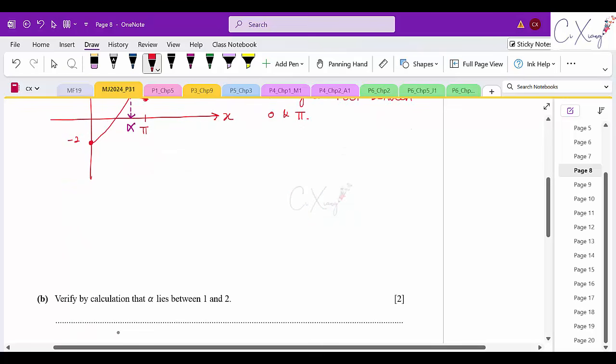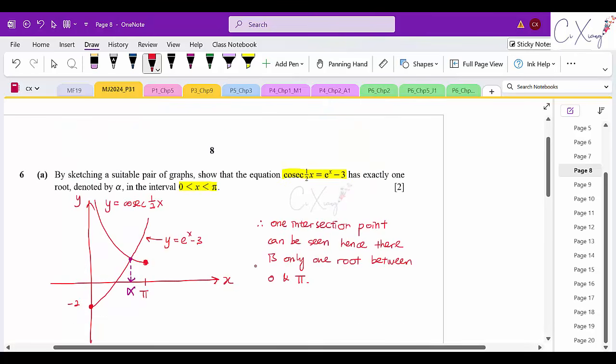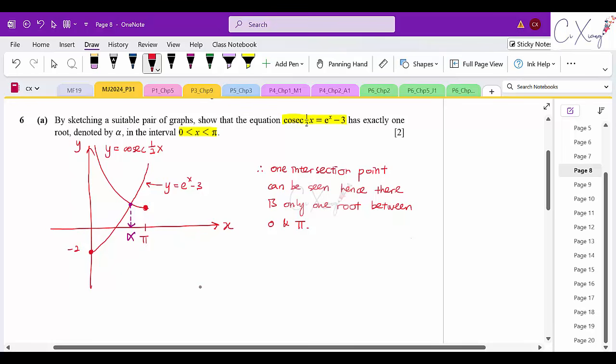For part B, they want us to verify by calculation that alpha lies between 1 and 2. Right, so to verify where alpha is located, I have to refer back to the original equation provided here. I'm going to use the sign change rule for the verification.